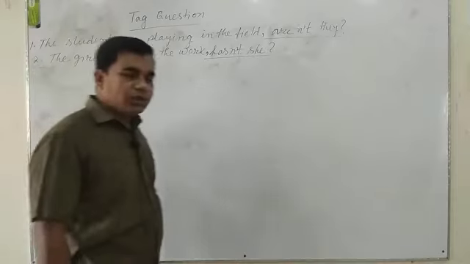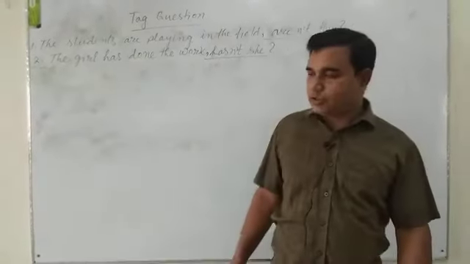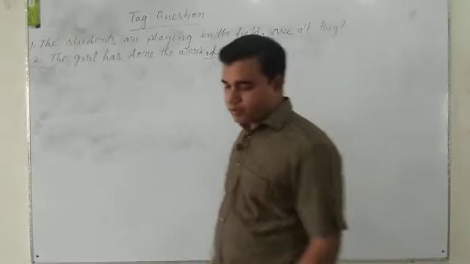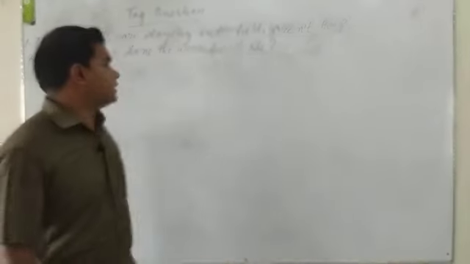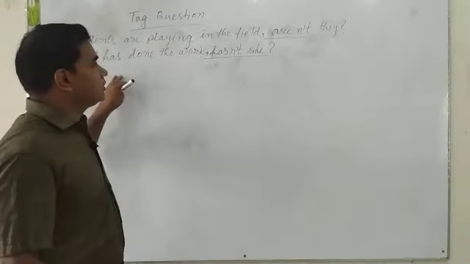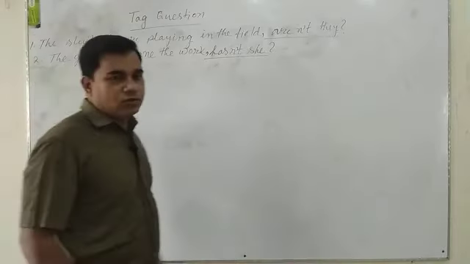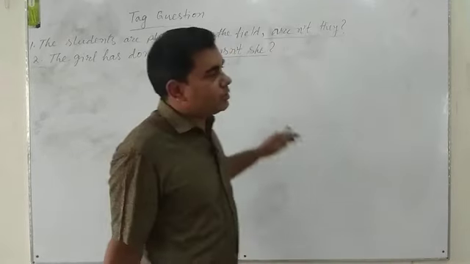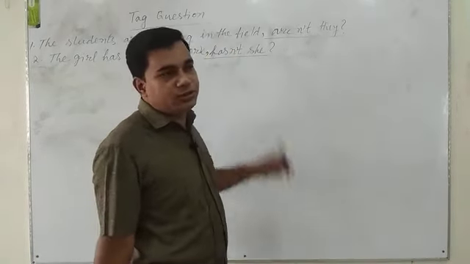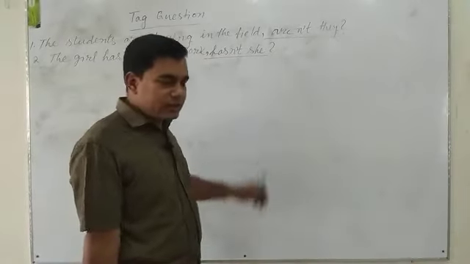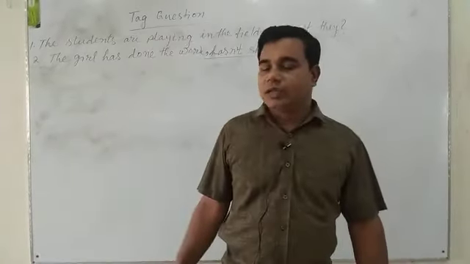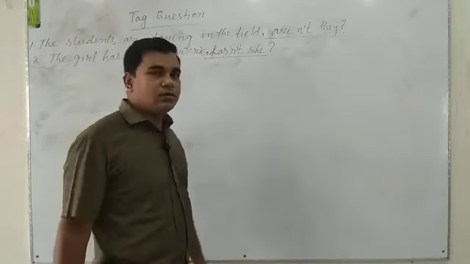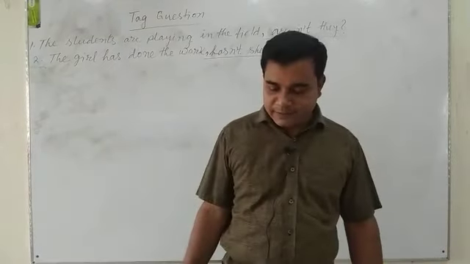My dear students, you all know about auxiliary verbs or operators of a sentence. There are two types of auxiliary verb: primary auxiliary and modal auxiliary. Primary auxiliaries are am, is, are, was, were, have, has, had. These primary auxiliary verbs can also be used as the main verb of a sentence. The other kind is the modal auxiliary verb, which cannot be used as a main verb.